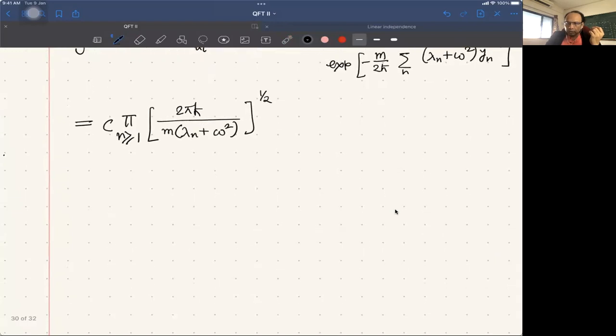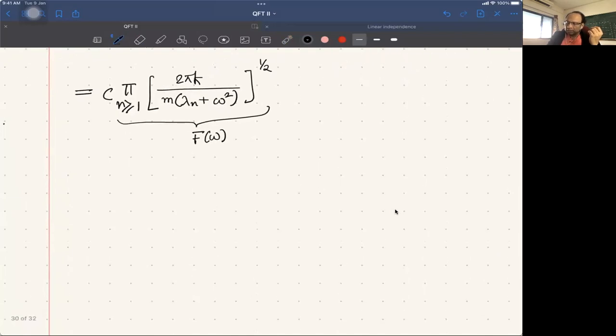Okay. Now, if you call this object f of omega, then for omega equal to 0, you can take that factor out, c f0, and multiply and divide by f0 with this, and then you get the product over n greater than or equal to 1 of (1 minus omega square over lambda n) to the minus half.